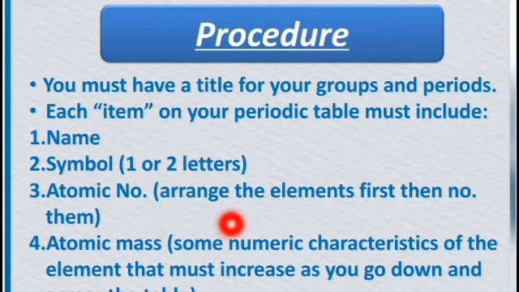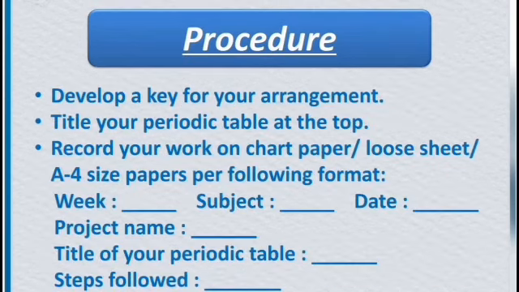Some numeric characteristics of the elements must increase as you go down and across the table, like size, style, cost, etc. Then develop a key for your arrangement. Title your periodic table at the top. Record your work on chart paper, loose sheet, or A4 size paper in the following format: week, subject, date, project name, title of your periodic table, and the steps which you followed.